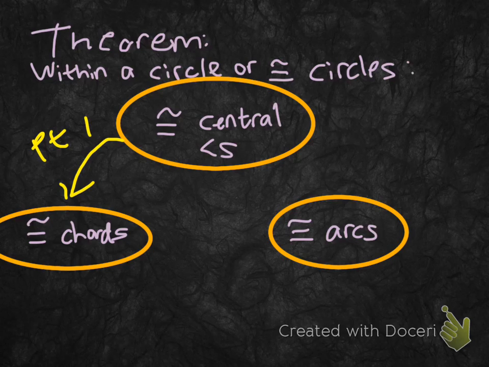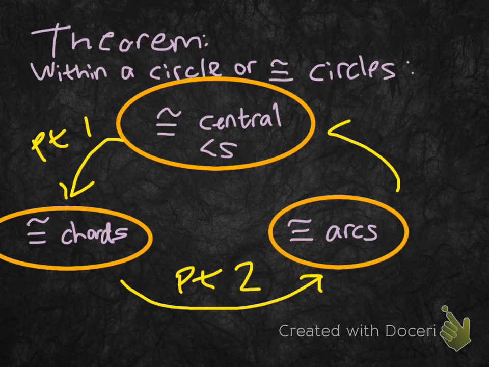Part two says that if you have congruent chords, then you have congruent arcs. So this is part two. And then part three says, if you have congruent arcs, then you have congruent central angles.